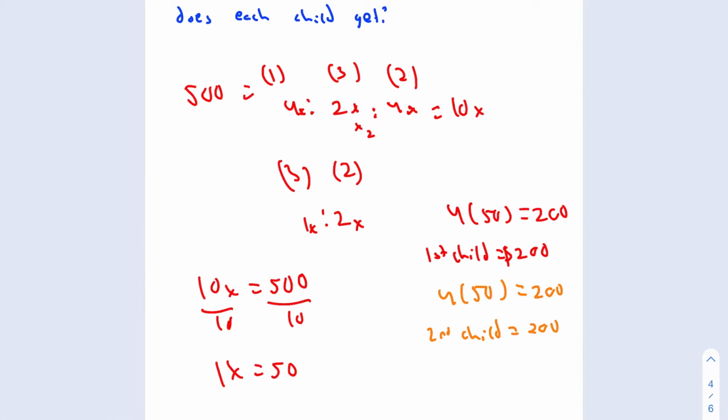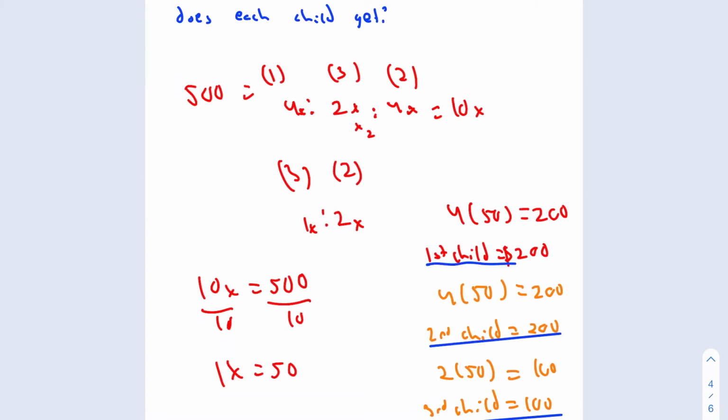And then you do, for the third child, 2 times 50, because remember, the third to the second, it was a 1 to 2. That means it'd be half, which gets you 100. And that means the third child only gets $100. So these are the answers right here.